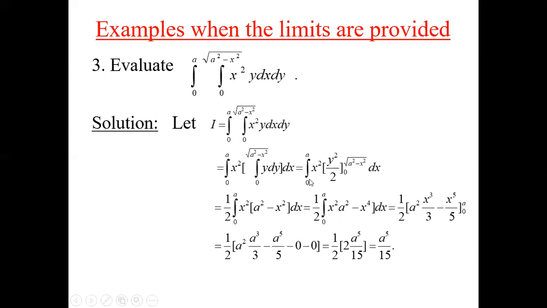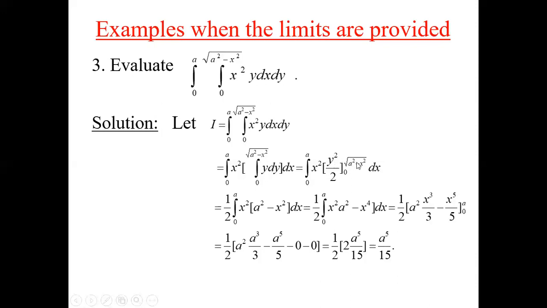So this is equal to 0 to a, then this is x square as it is, y integral is y square upon 2 between the limits 0 to root of a square minus x square, and then dx. This is equal to 1 by 2, you can take it outside, integral from 0 to a, this is x square, then you are putting the upper limit, root of a square minus x square, this is y square already.